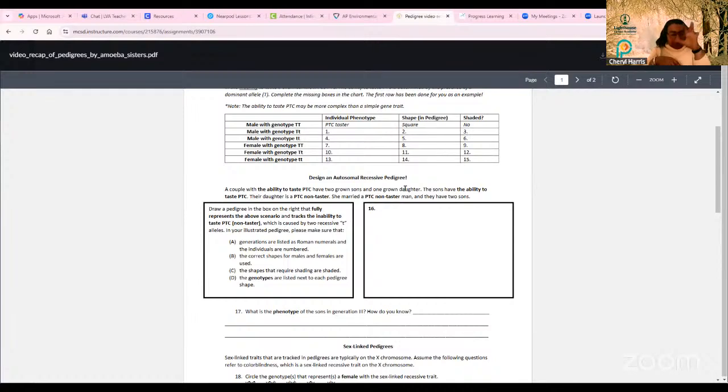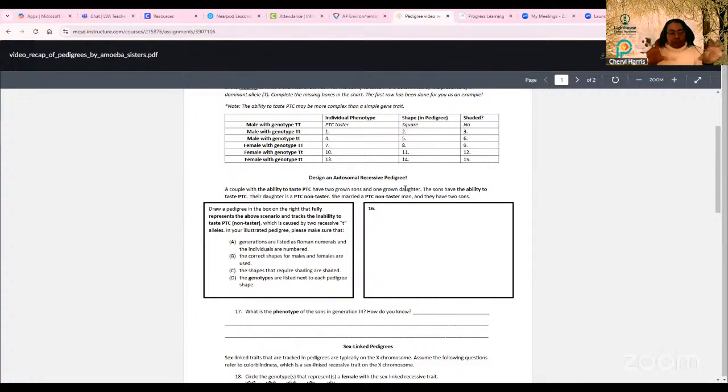So that means you're going to start with a circle and a square, and then you're going to have that line that indicates they have three children. Two of the children are males and one is female. It says the sons have the ability to taste it, and the daughter is a non-taster. And then she marries another non-taster, and they have two sons.